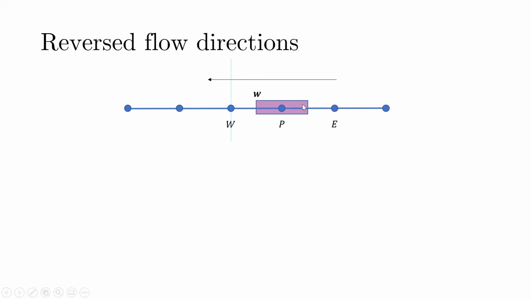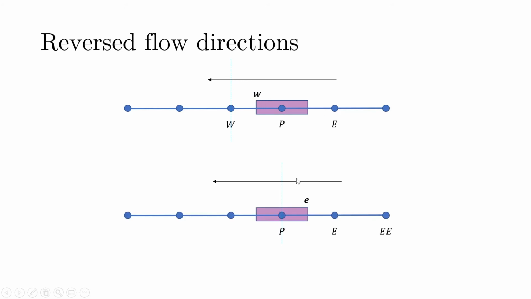Using these 3 equations, I can write down the 3 unknowns and 3 knowns such that my origin is here, for example, and then I would seek the value at x equals h by 2 to get the west face phi. Similarly, for negative u velocity at the east face, if I stand here, the upstream point is capital E, the downstream point is capital P, and the next upstream point would be EE, that is east of east.